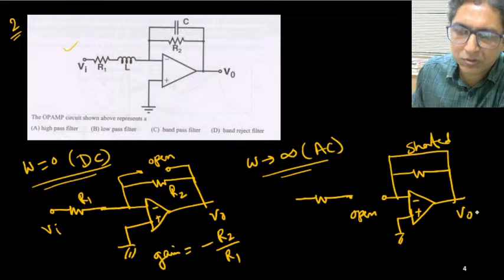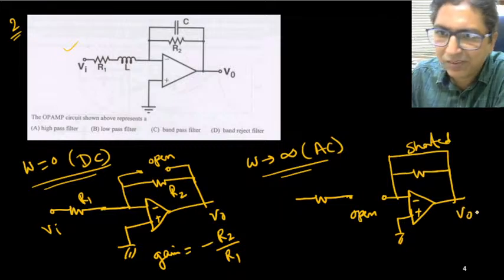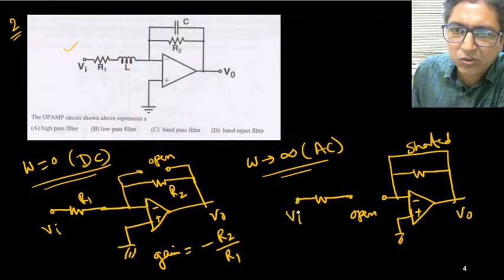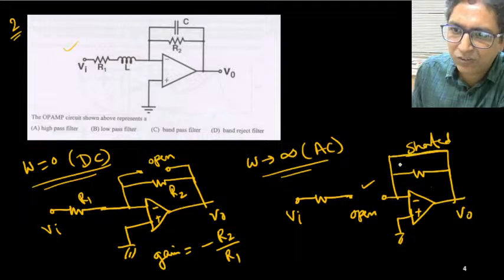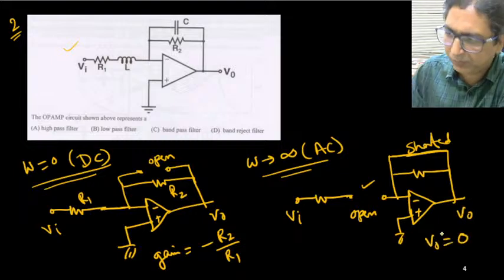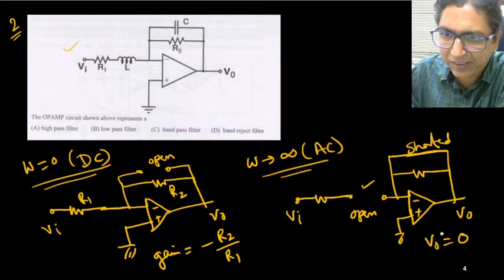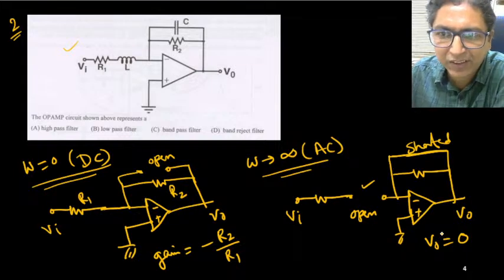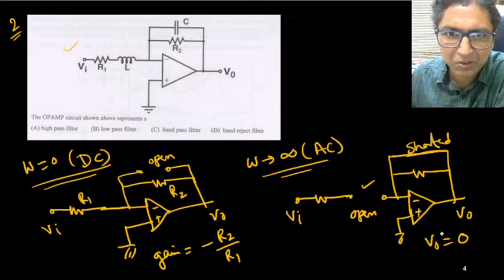So what is the output? So this is your input. So you can see that here it is disconnected. So no signal can go through this side. And again further it is shorted to ground. So obviously output is perfectly 0.